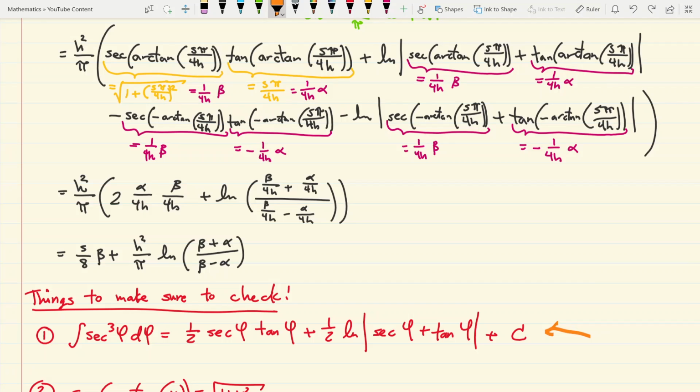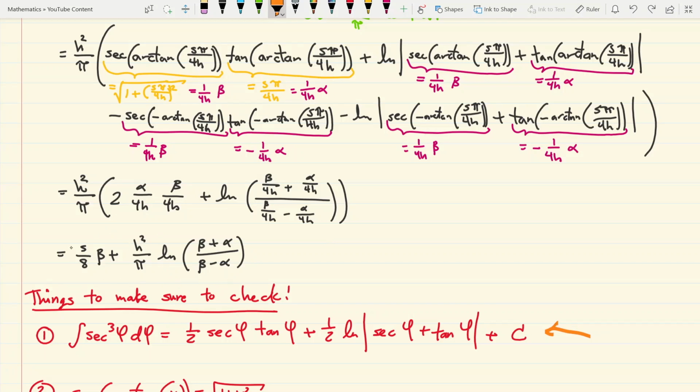All right, then we get to the next step. So why can I take away the absolute values around the natural log? I will let you think about that. In other words, why is the inside positive? And then, I guess I can do that.